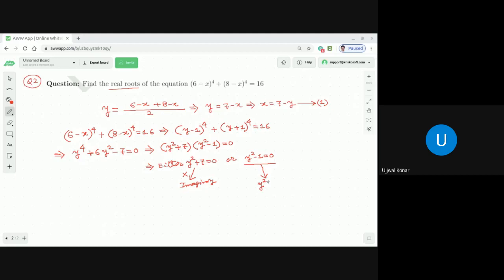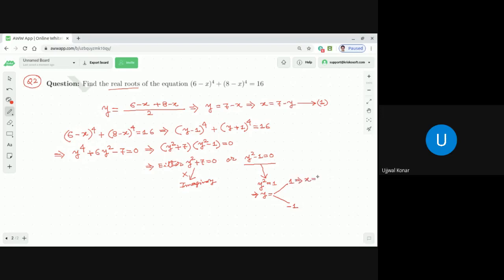Now what is y in terms of x? Y square minus 1 equal to 0 means y square equal to 1. That means y is equal to plus minus 1. So y gets two values, one is plus 1, one is minus 1. When you take y equal to plus 1, what is the value of x?